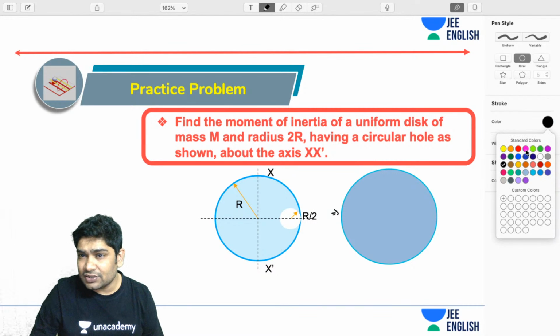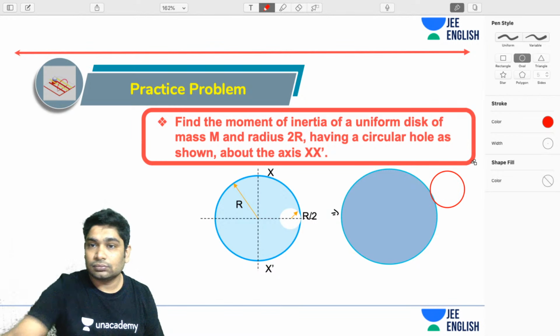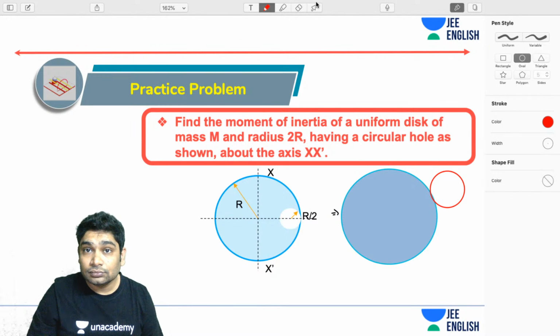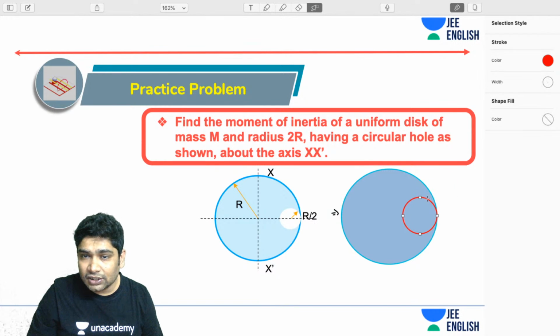Let's show that by red. So a small disk here, maybe we can make it slightly smaller.